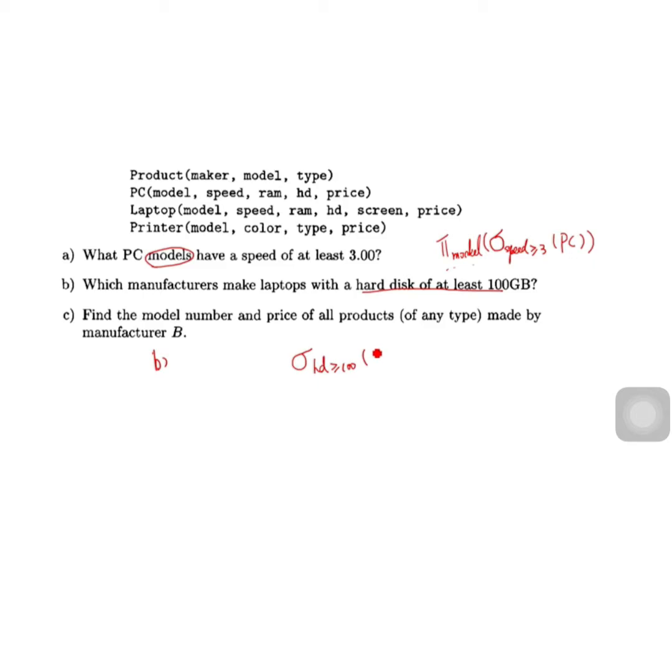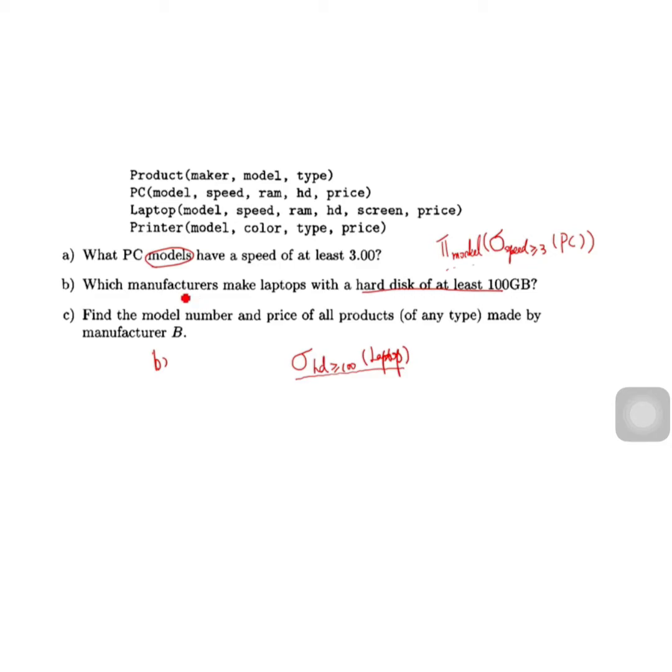This is information in laptop, so laptop is the operand. From this expression, we can find all the information of laptops with an HD of at least 100 GB.